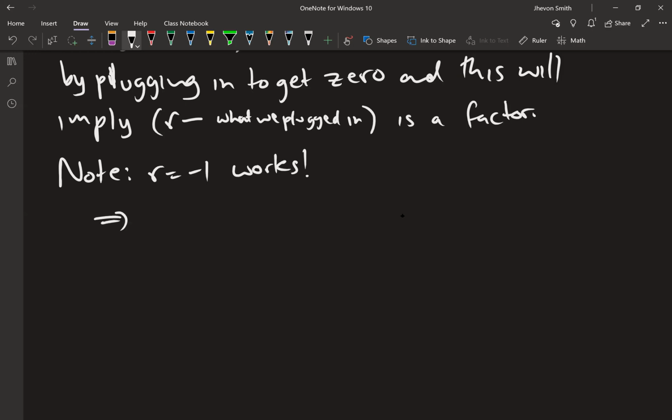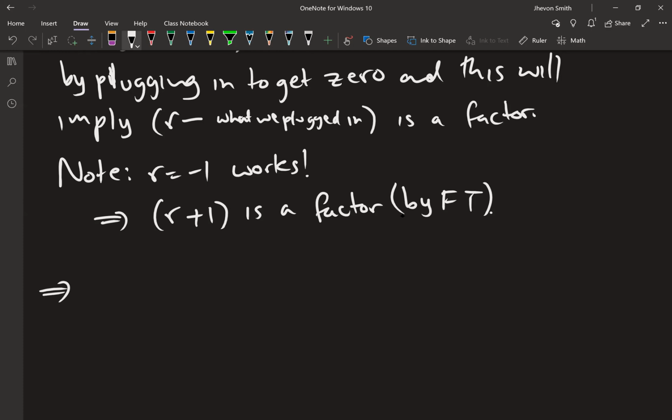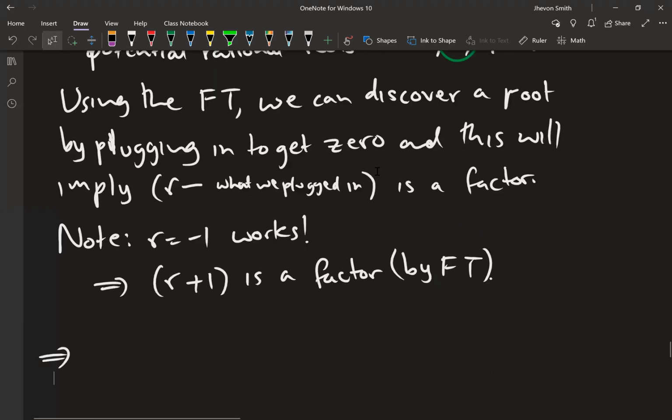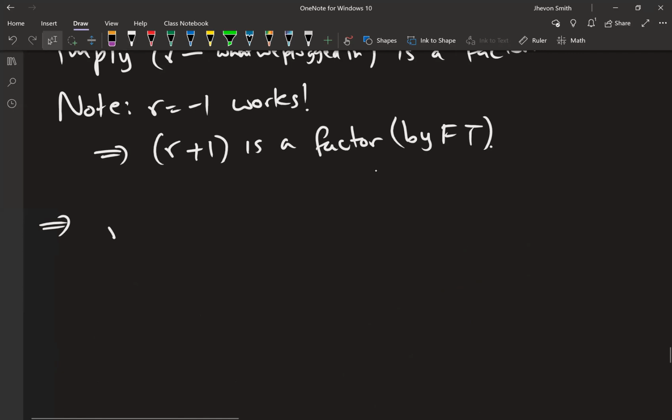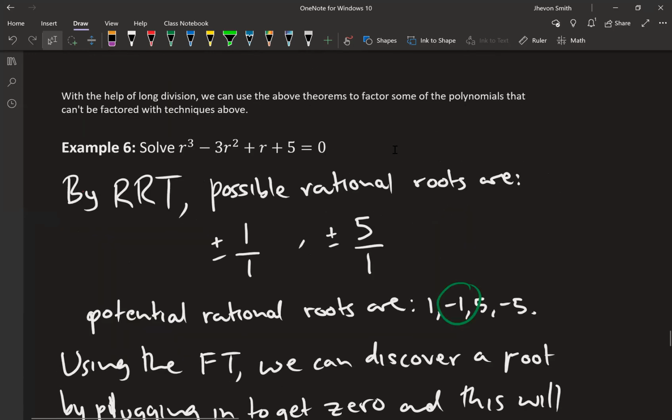This means that r plus 1 is a factor by the factor theorem. So this means that I can actually go to my original polynomial and divide it by r plus 1. And I will get a polynomial as a result, and I will have 0 remainder.